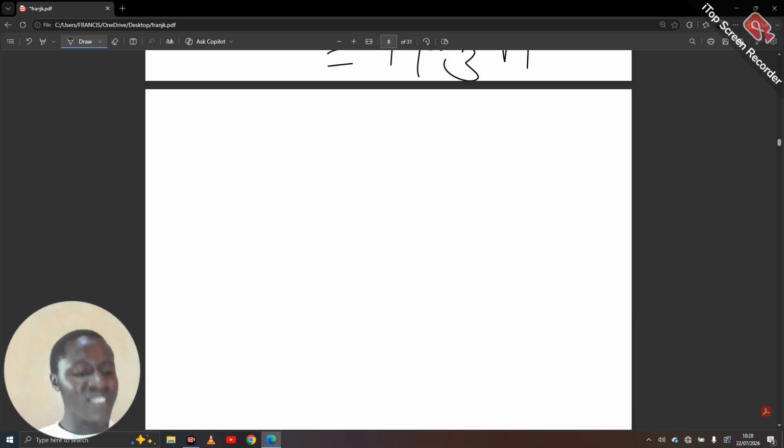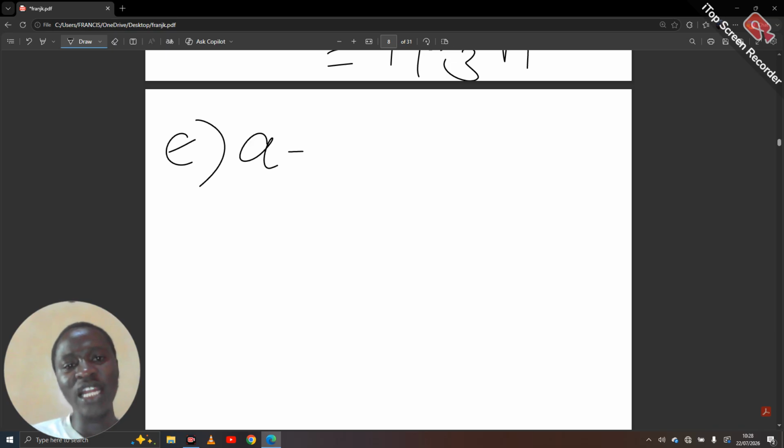What do they stand for? Equate acceleration to 0. Now, that part E, acceleration equals to 0 when you see maximum velocity or minimum velocity.